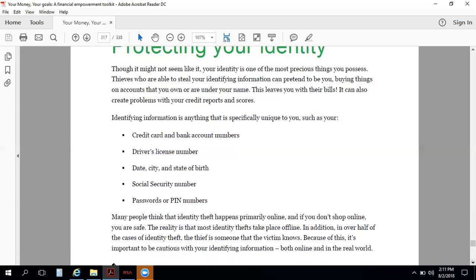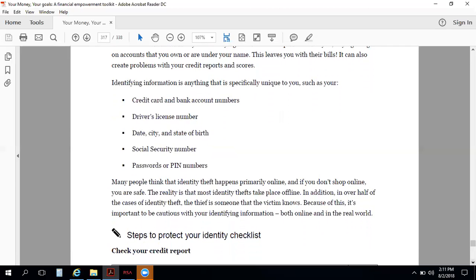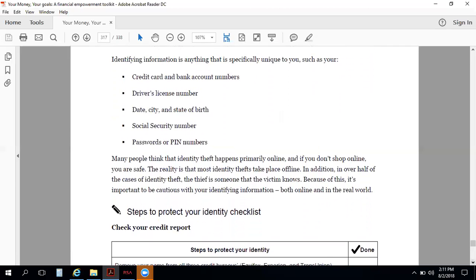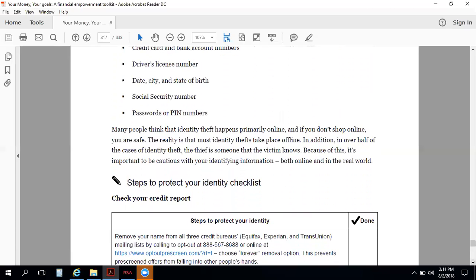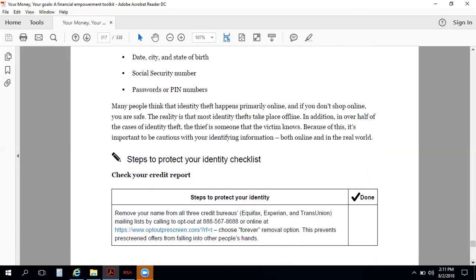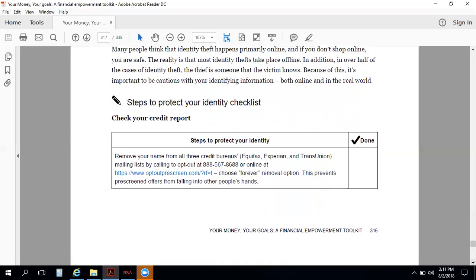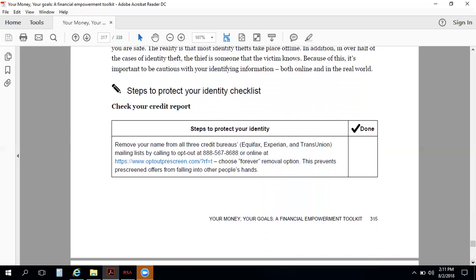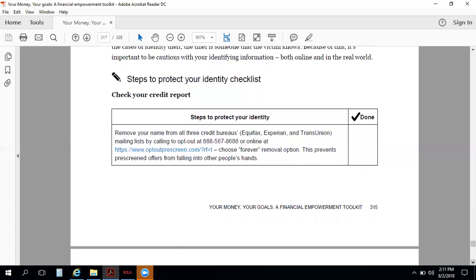If it's an online account, this information could potentially allow them to access your current accounts and set up new accounts in your name. And it could potentially allow a client to be stuck with whatever bill the identity thief has run up in their name. So this tool is a little checklist that a client can use to make sure they've taken the necessary steps to make sure their identity is protected.